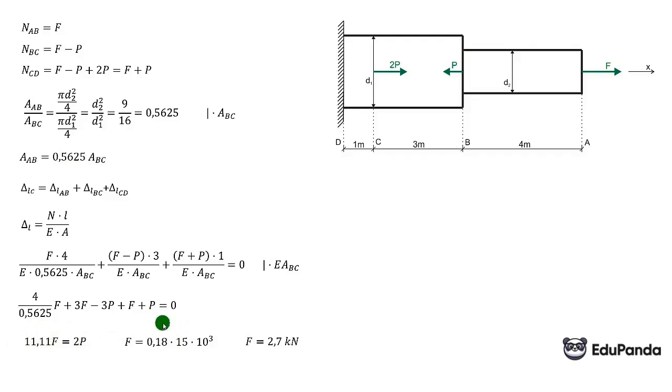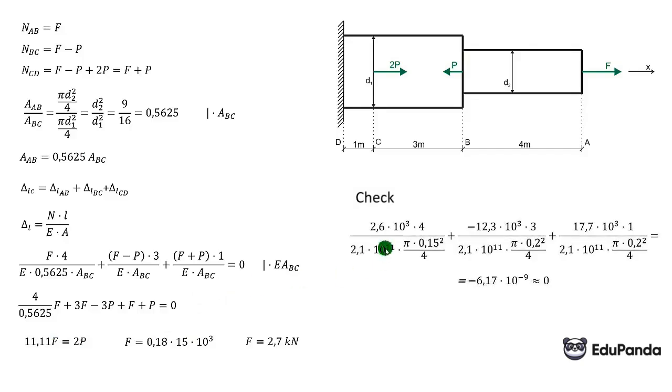Here, a rounding has already appeared. So let's do a check. In the check, we substitute for the force NAB this calculated F, so 2.7 should be here. Everything in basic units, so times 10 to the third, times 4 meters.